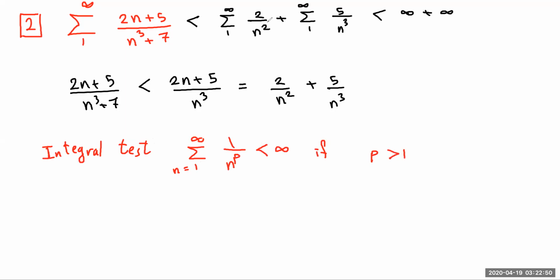So here the number p is 2 or 3, both of them greater than 1. So both of them converge. So the addition converges. So now, using the comparison test, my series here converges.